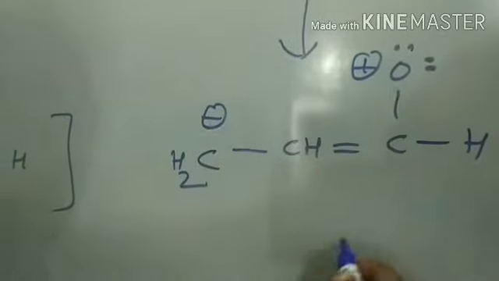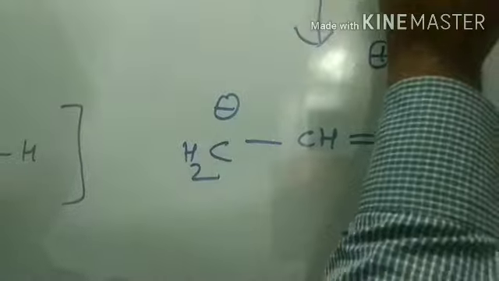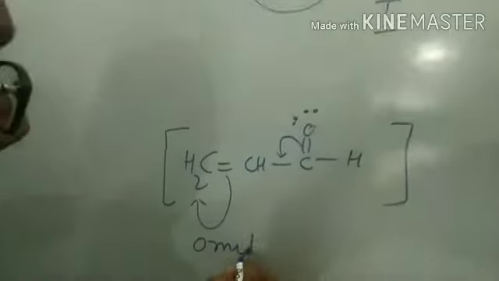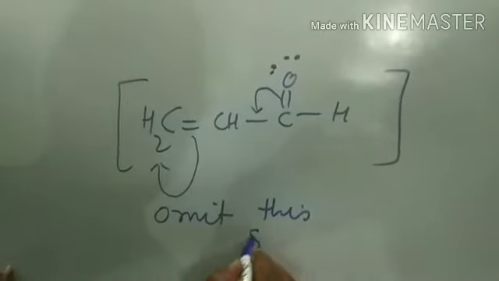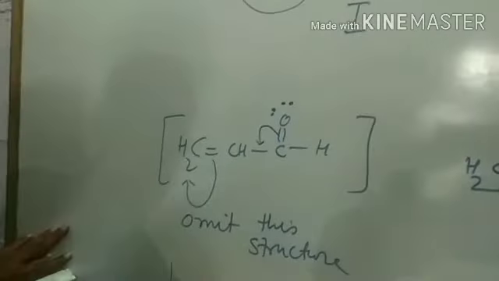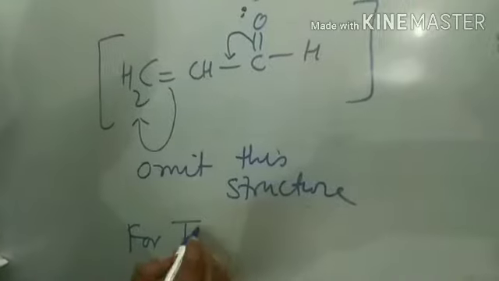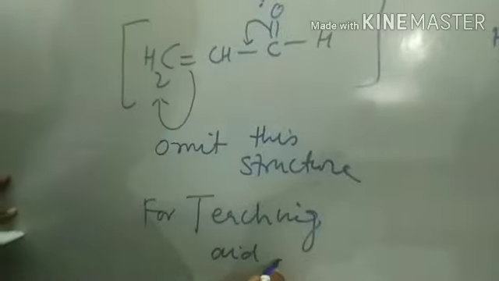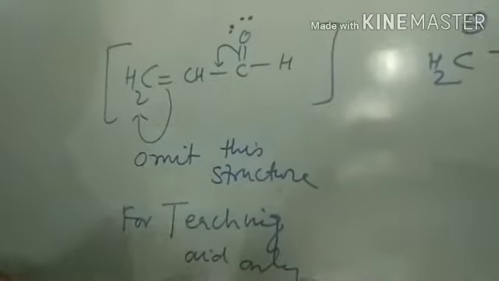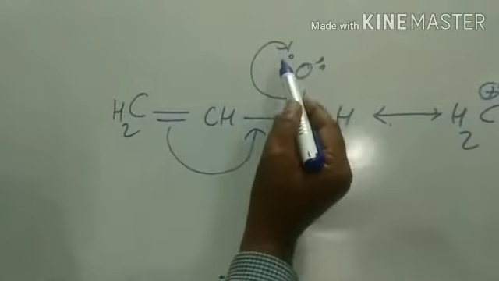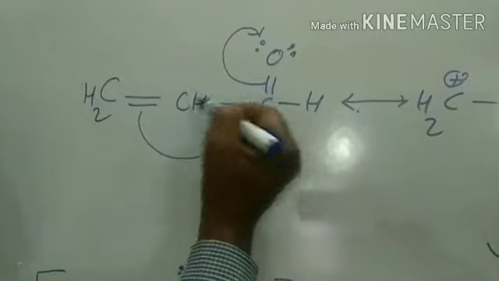This is H. This is the third structure, this is the second structure, this is the first structure. Omit this small structure, don't write it, it is just for teaching aid. So there are two possibilities of electron delocalization: in the first case from here, and in the second case from here in the opposite direction. So it gives you the third.